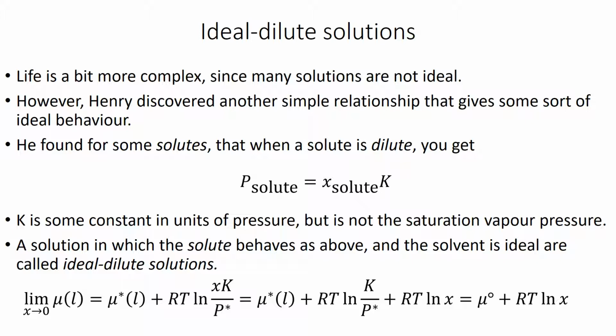What happened is Henry discovered another simple relationship that gives some sort of idealized behavior. It was a bit different, very closely related to Raoult's equation, and he found that for some solutes, when the solute is dilute, you get the following relationship: the pressure of the solute is equal to the mole fraction of the solute in the solution multiplied by some constant K, where K has the units of pressure.